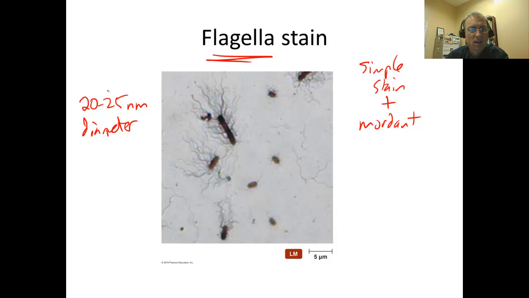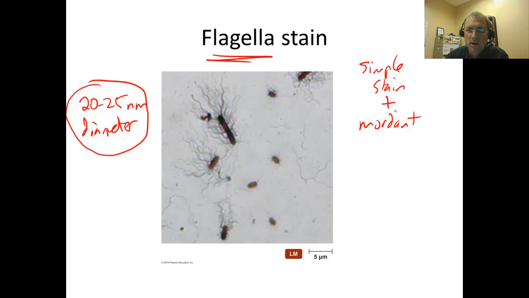This diameter of the flagella is far smaller than the limit of resolution of the light microscope. What does this mean? If a bacterium has flagella and we stain it with a simple stain like crystal violet, because this number is smaller than the limit of resolution of the light microscope, we won't be able to see flagella under the light microscope.